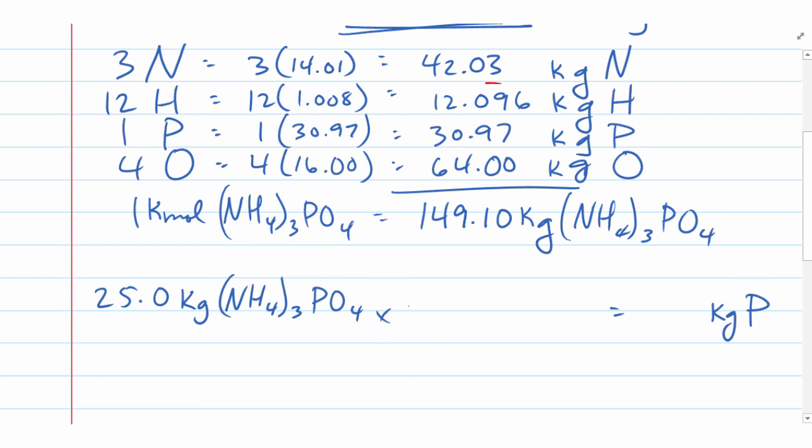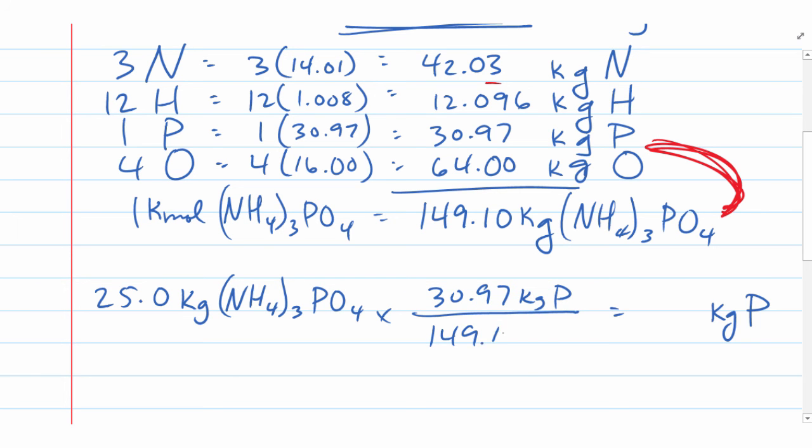So then what we need is a conversion that relates the kilograms of ammonium phosphate to the kilograms of phosphorus. And we have that right here in this problem. These are how the two are related. We have 30.97 kilograms of phosphorus for every 149.10 kilograms of ammonium phosphate.